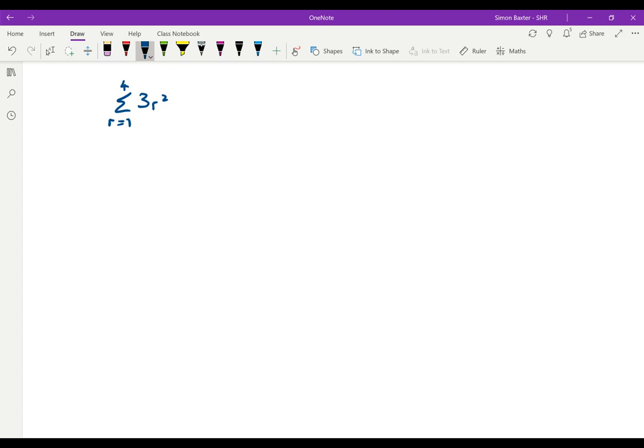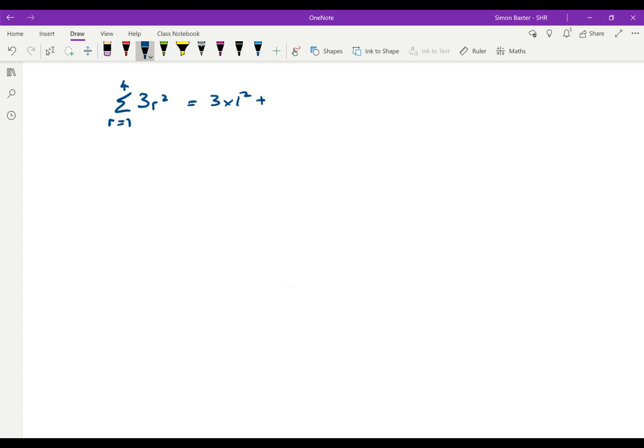It would be nice if that was equal to 3 sigma r squared. That would be nice. But this is something that we must check and have a look at for ourselves first. What is this equal to? Well, I put r equal to 1, I get 3 times 1 squared, plus.